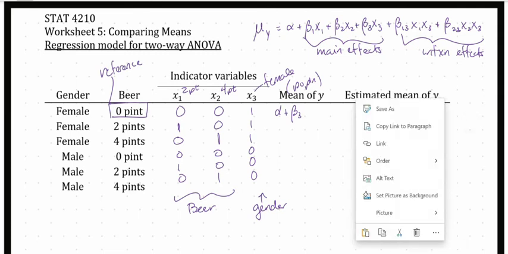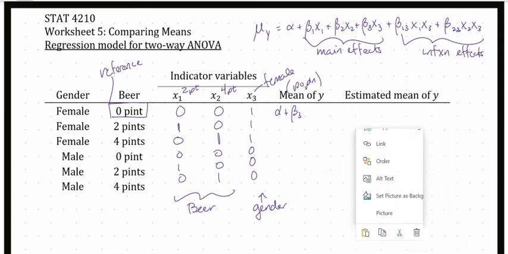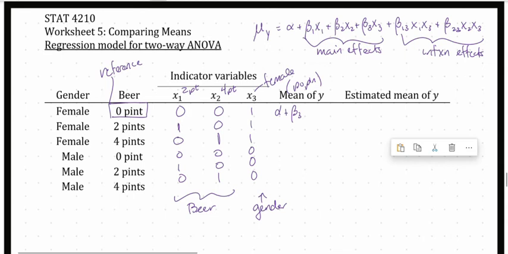Now, working our way through the rest of this model, we know that beta 1,3 x1 x3 is going to go to 0 because x1 is 0. That's the 2 pint indicator. And for the same reason, beta 2,3 x2 x3 goes to 0 because x2 is 0. So my population mean of y for females who've had 0 pints based on these indicators is just going to be alpha plus beta 3.